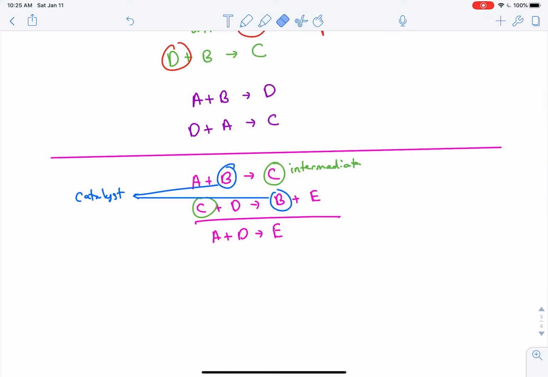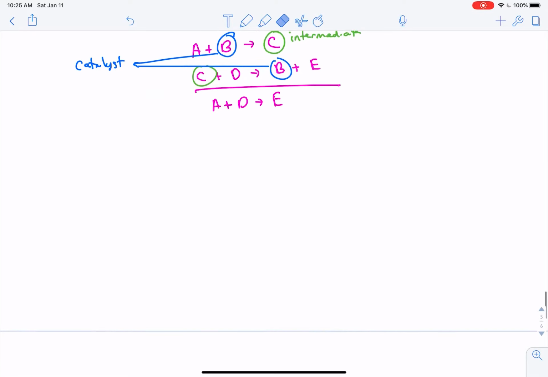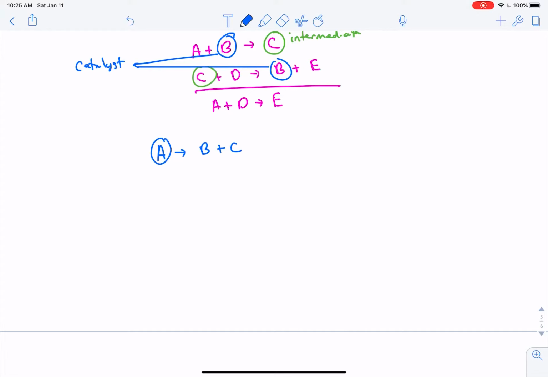Okay, you're welcome. Now, these individual steps here have what is called molecularity, okay? And so when you have a step that's, let's say, A yields B plus C, when you have one reactant molecule, this is called a unimolecular reaction.